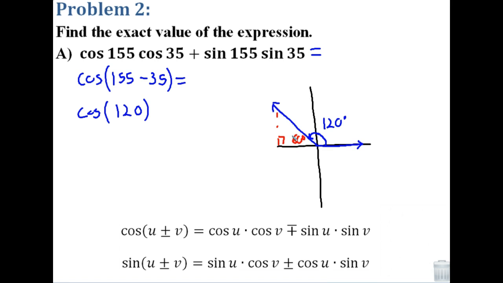So we're talking about our 30, 60, 90 right triangle with sides of root 3 across from the 60, a 1 across from the 30, and that'll be negative because we're in the negative x direction, and a 2 for the hypotenuse. Based on that triangle, I can evaluate this cosine of 120. Cosine is just adjacent over hypotenuse. Adjacent is negative 1, hypotenuse is 2.